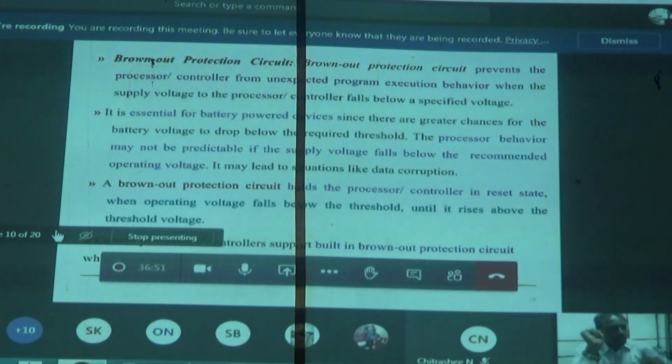Certain processors or controllers support built-in brownout protection circuits which monitor the supply voltage internally. So whenever the embedded device is battery powered, and the battery is draining out or its voltage is decreasing below the threshold value, these circuits play a major role.